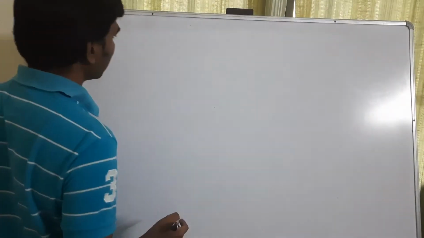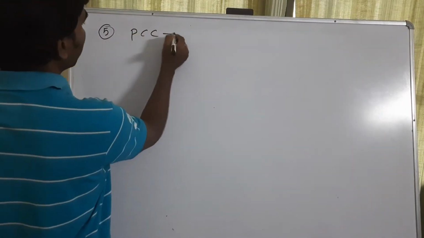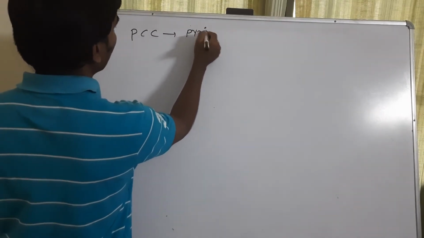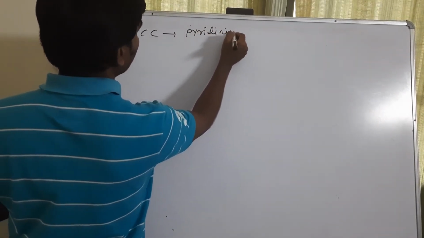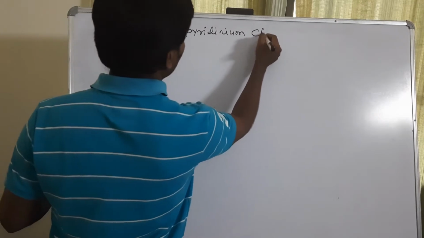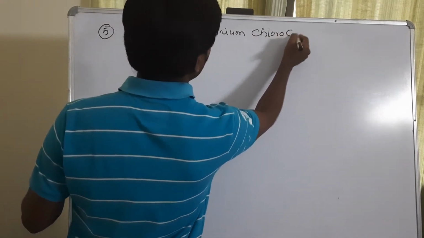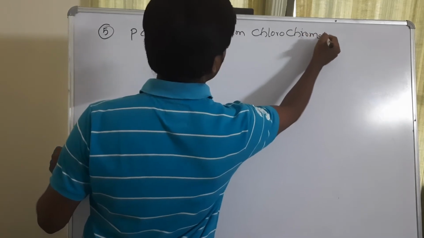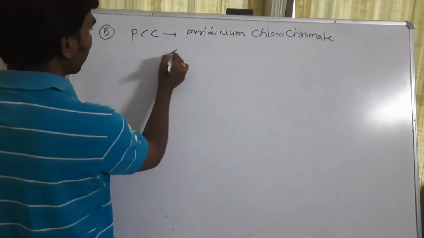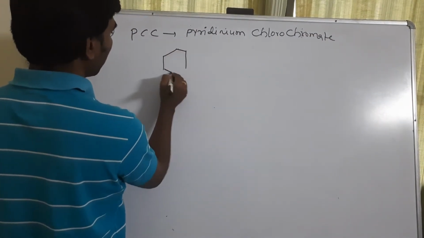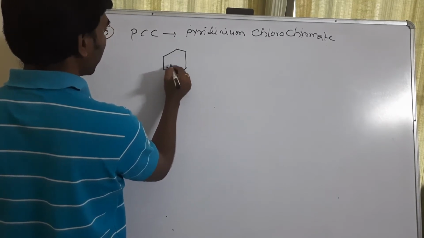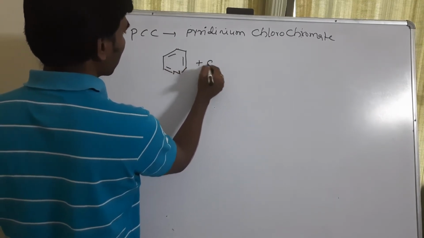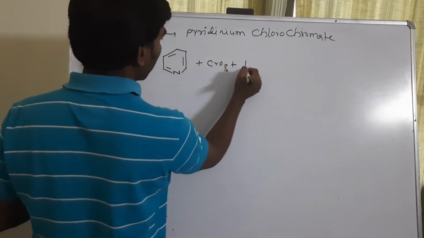The fifth method is PCC. PCC stands for pyridinium chlorochromate. PCC is a combination of pyridine plus chromium trioxide plus HCl.